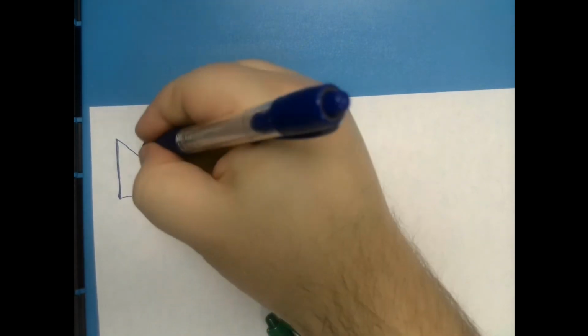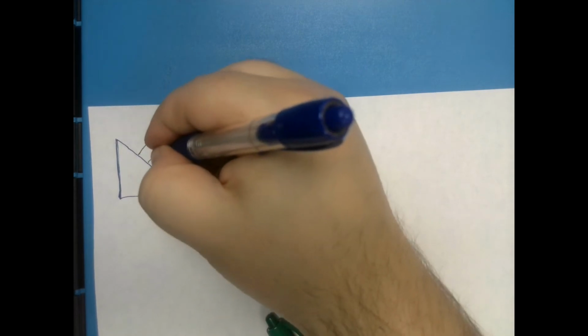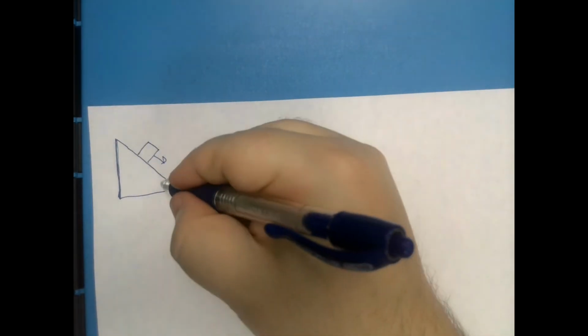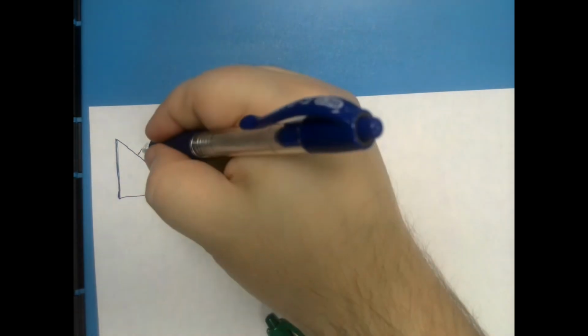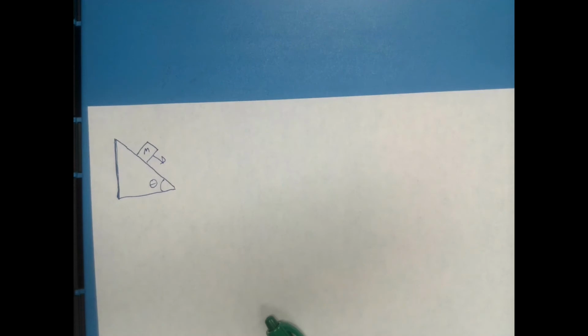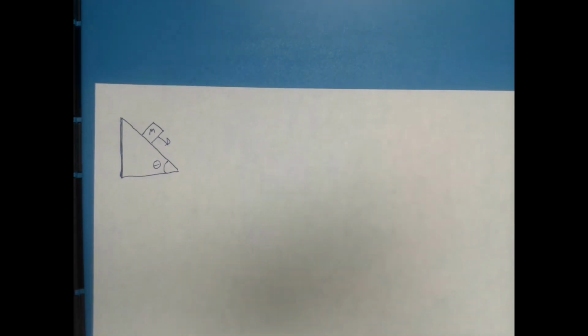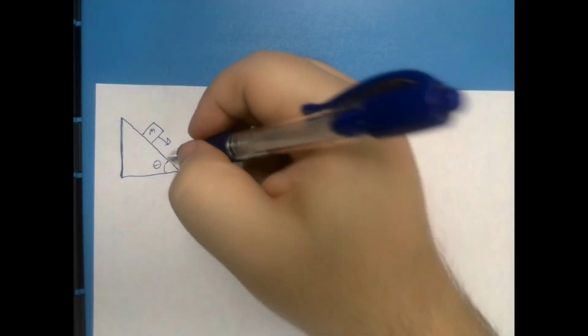We have a box on an inclined plane that is moving down the slope. The inclined plane is at some theta angle. This box has a mass m. So it's moving down the slope.